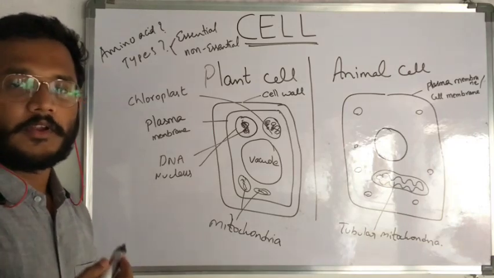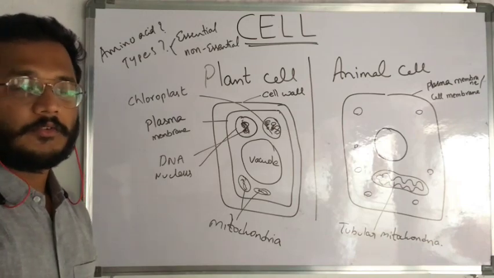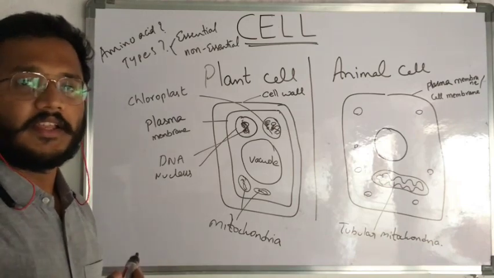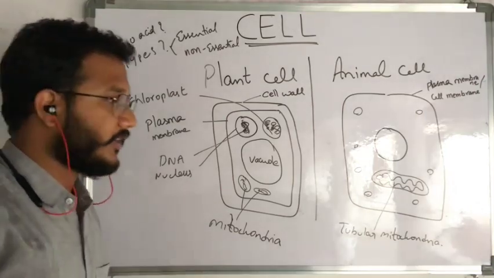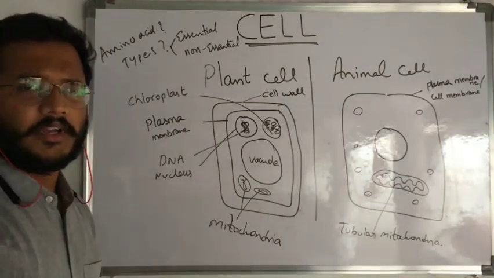In ourselves, we cannot prepare vitamins. So we are taking vitamins directly from either plants or some types of animals. This is also one of the most important differences.